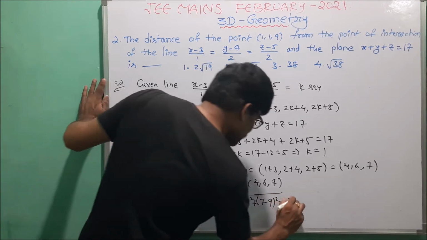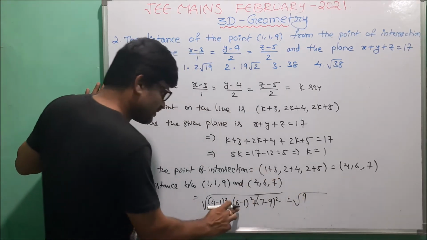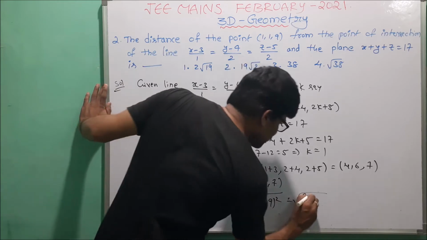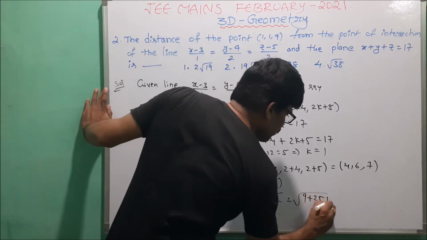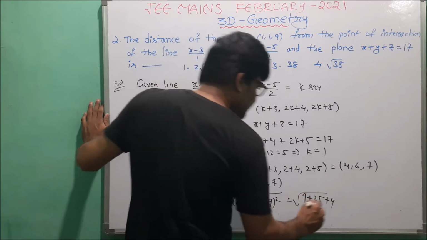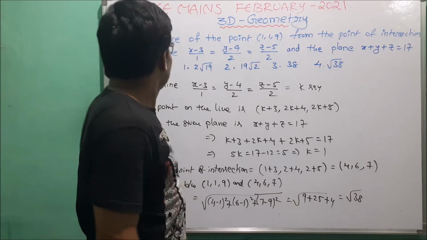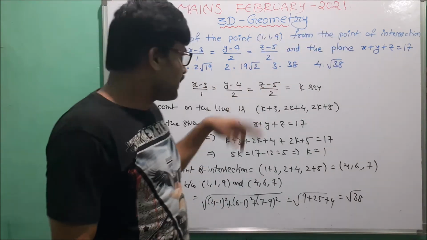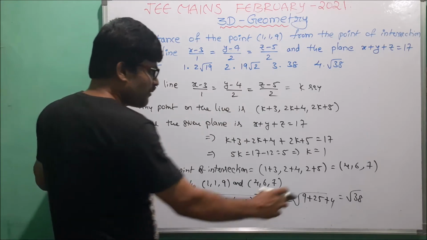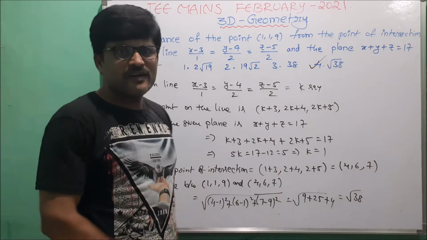Now 4 minus 1 is 3, square is 9. 6 minus 1 is 5, square is 25. 7 minus 9 is minus 2, square is 4. So 9 plus 25 plus 4 is 38, square root of 38. So this is the distance of the point (1, 1, 9) from the point of intersection of the line and plane. So our option is the fourth option. So the fourth option is the right answer.